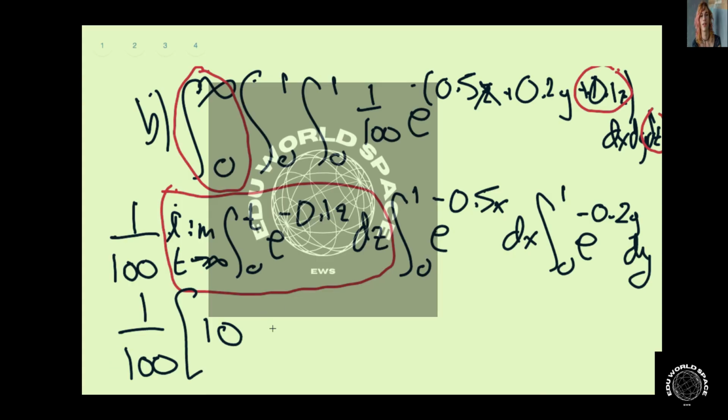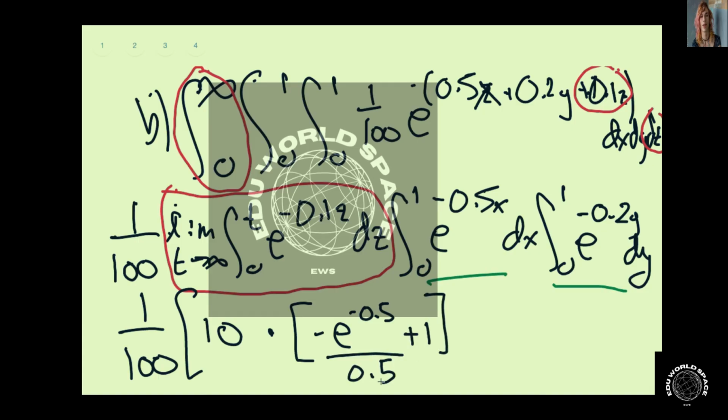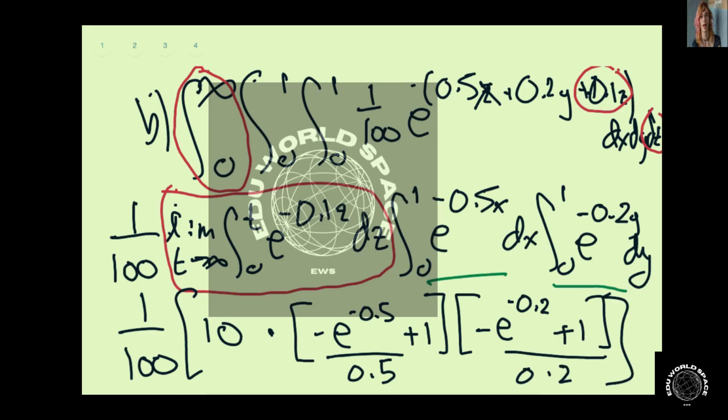And then for these guys in green, these are pretty straightforward integrals. We're going to get times negative e to the negative 0.5 plus 1 over 0.5, and then negative e to the negative 0.2 plus 1 over 0.2.